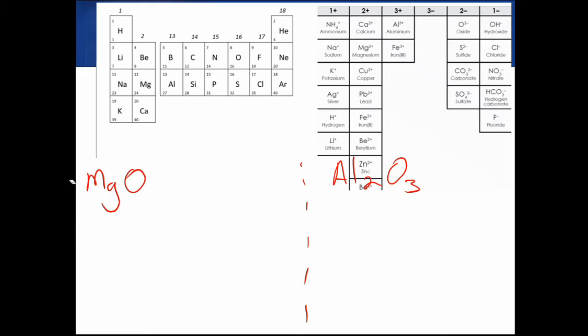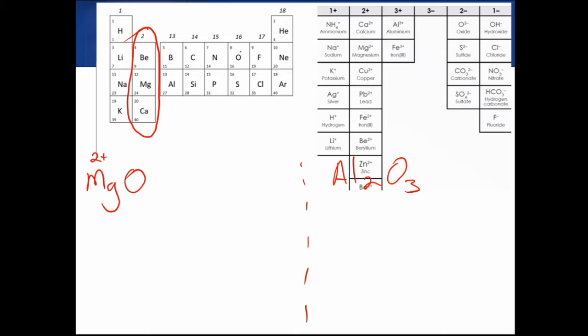And when we look at magnesium on the periodic table, it is in group 2. And if it's in group 2, we know that it has 2 electrons in its valence shell, which means it wants to give away 2 electrons. So we can put a 2 plus right there.